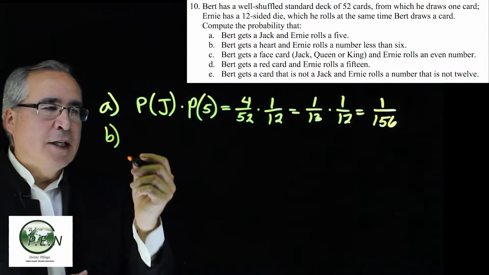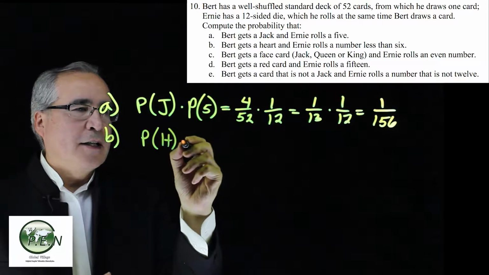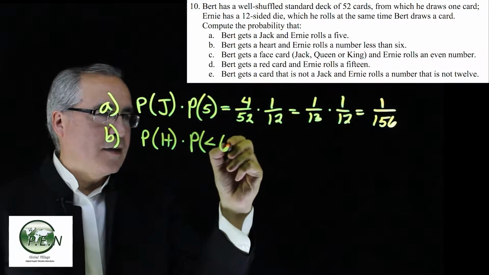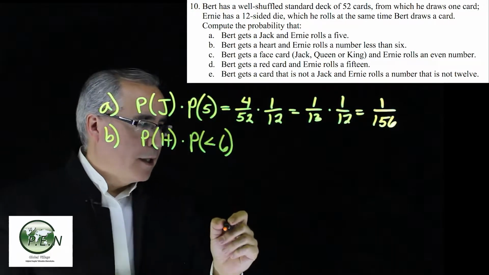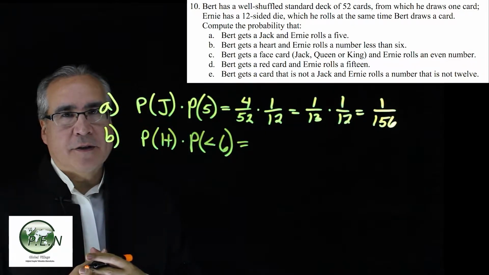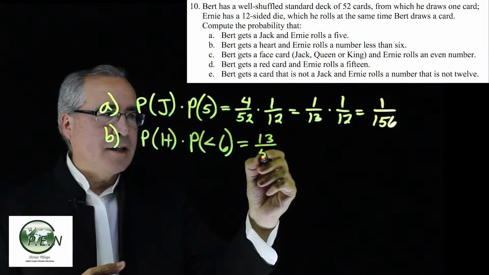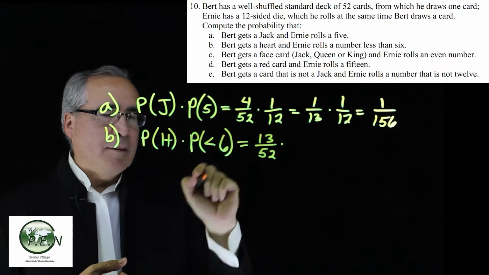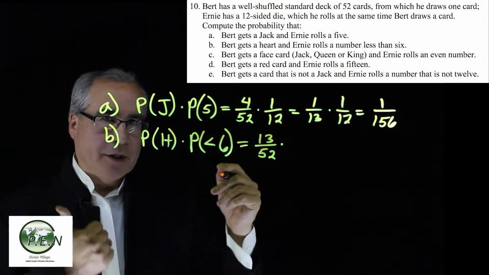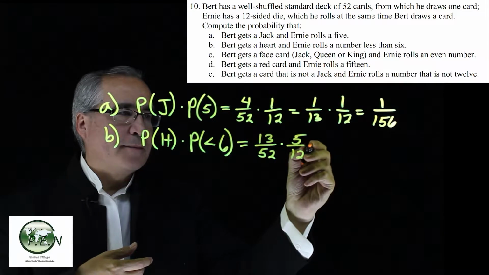The B question is going to now consider the probability of getting a heart and the probability of rolling a number less than 6. So how many hearts are in a stack of cards? There are 13 in each suit, so there are 13 hearts out of 52 cards. How many numbers are less than 6 on a 12-sided die? Well, there's 5: 1, 2, 3, 4, 5 out of 12.